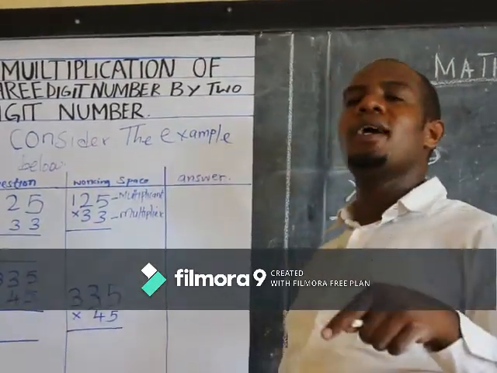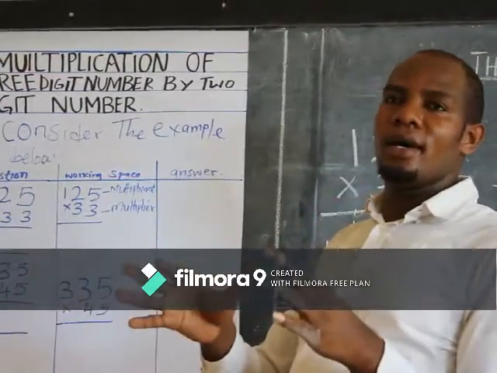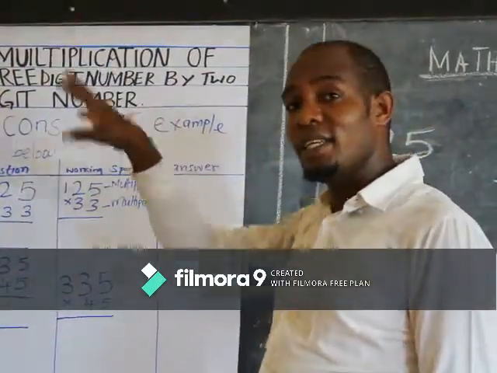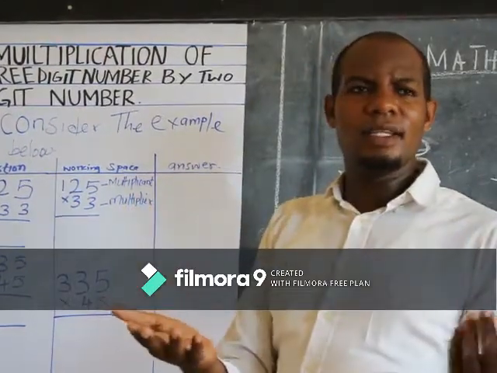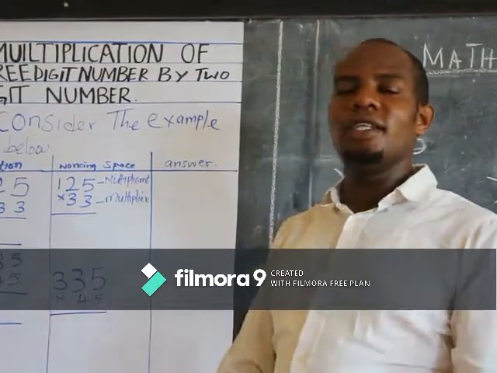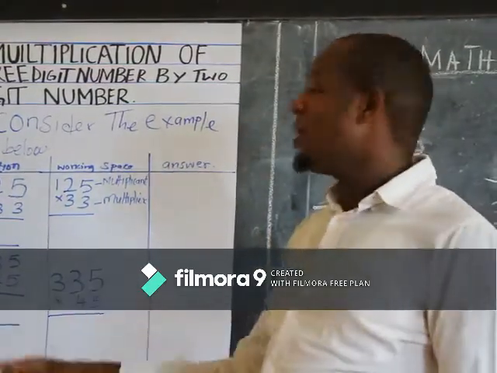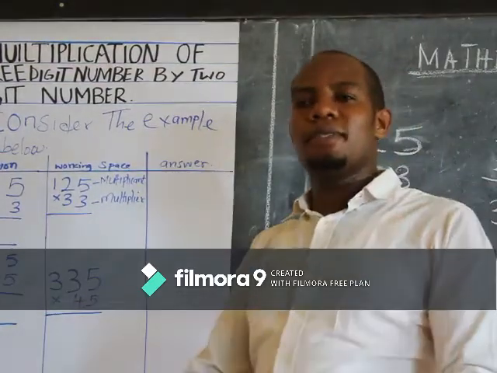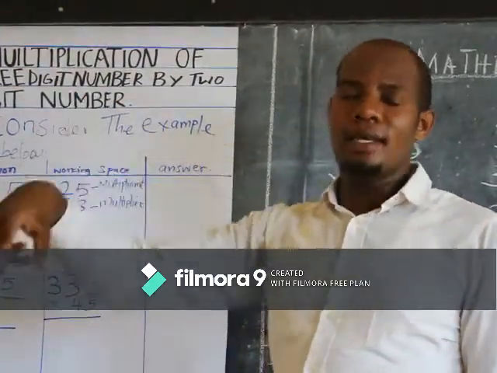Now, a multiplier is the number of times that you are going to add the number that you have been given. We can say that multiplication is repetitive addition. So a multiplier is the number of times that you are going to add a given figure.